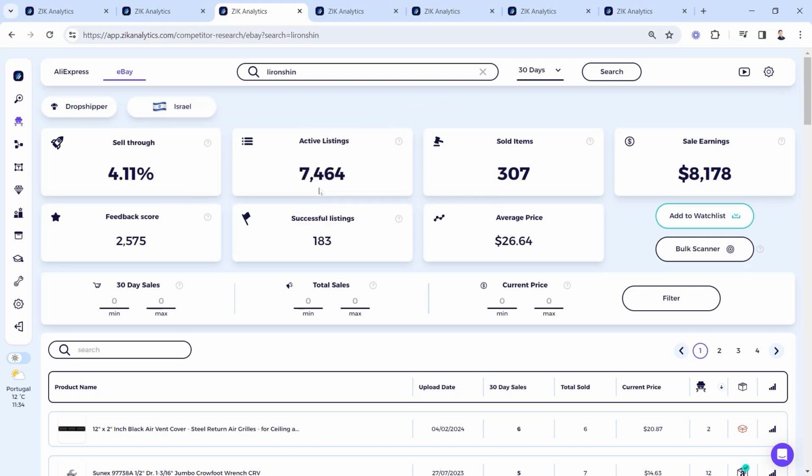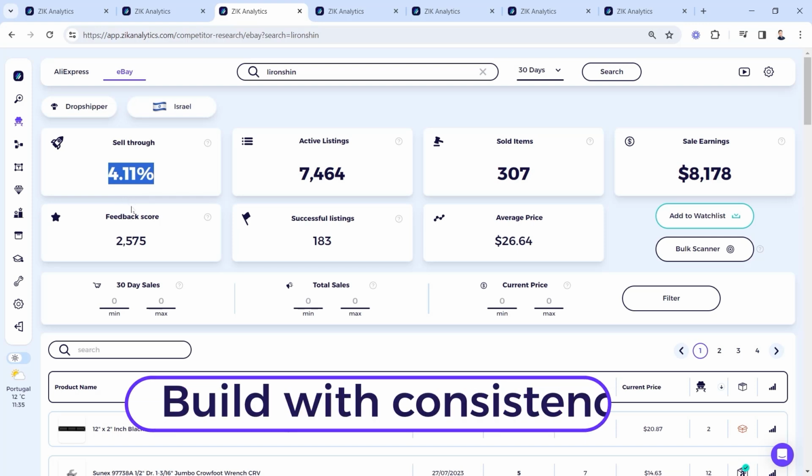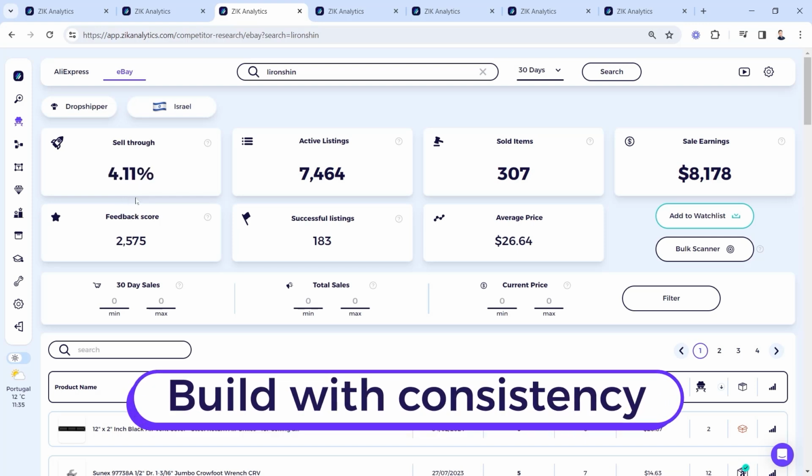And usually, if we see sellers that have a high sell-through rate, it means they're doing something very right with their product research and listing optimization. When you bulk list products, you don't pay attention to the details, and this is why your sell-through rate is low. And also, when you grow your amount of active listings fast on eBay, you will probably have a low sell-through rate. This is something you build with consistency over a long time.